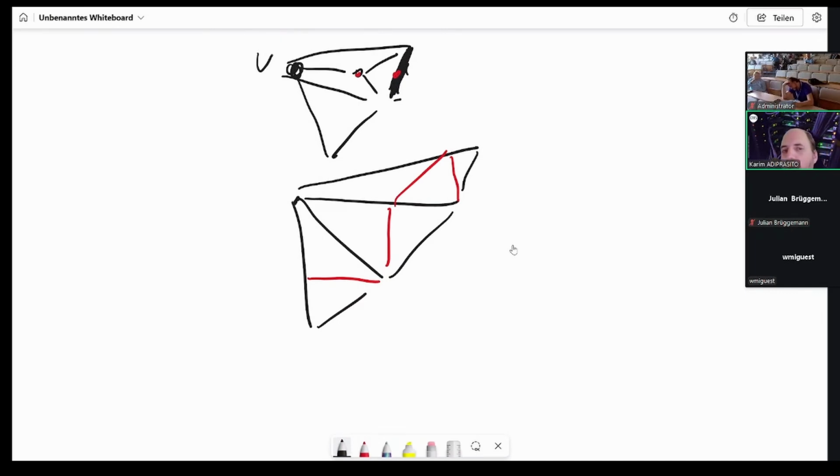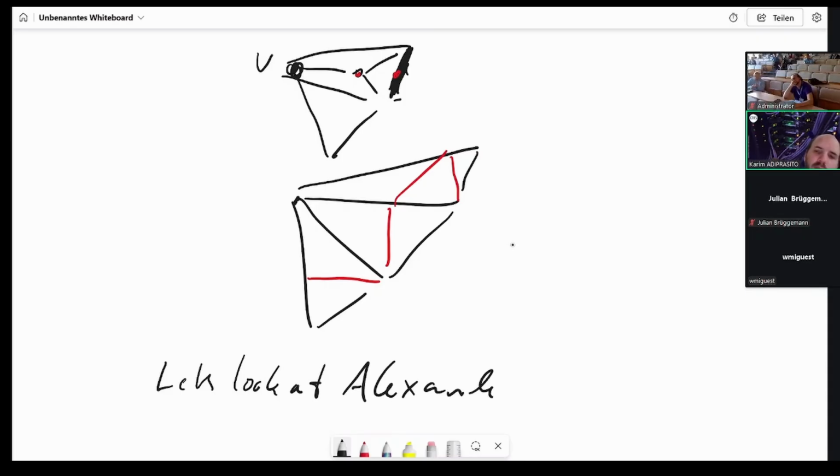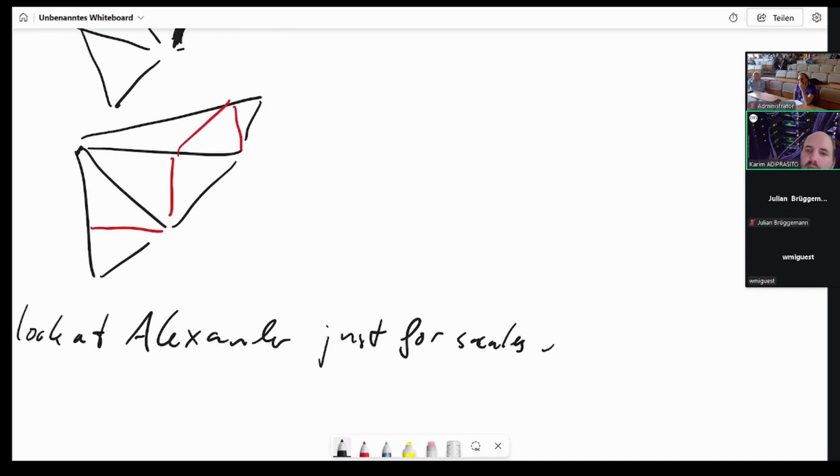And now I want to look at this Alexander conjecture just for scaled fins and stripes. It turns out that this is the most important case.